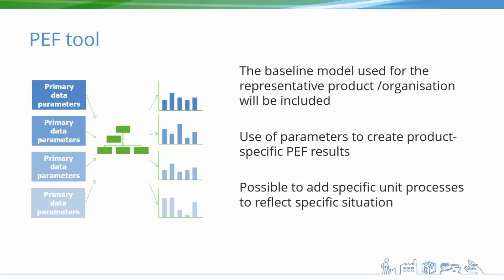And then you can use parameters to input your company-specific data. And that way you don't need to model from scratch. You can use the existing model, but where needed input the company-specific data that is required by the BFCR. And then you get the results out. So that is much quicker than if you had to do it from scratch.